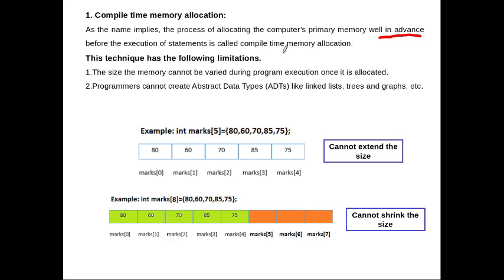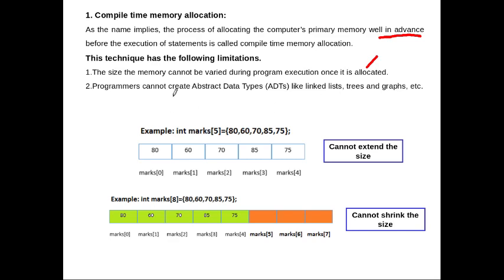This technique has the following limitations. The size of the memory cannot be varied during program execution once it is allocated. Once the memory is allocated for the variables, we cannot extend its size, and we also cannot shrink its size.